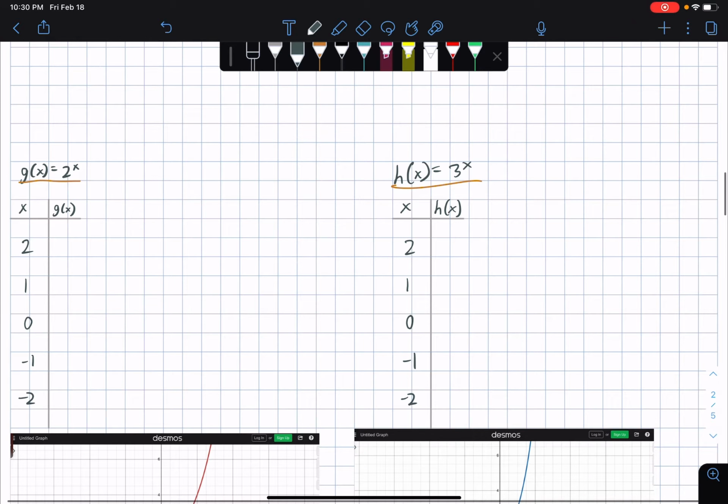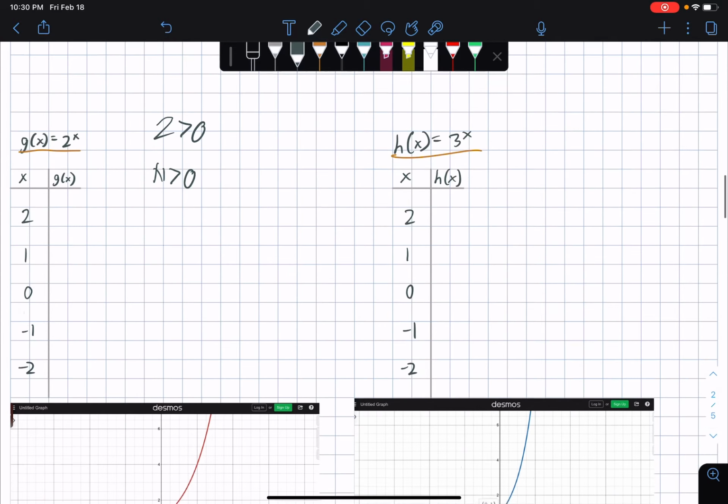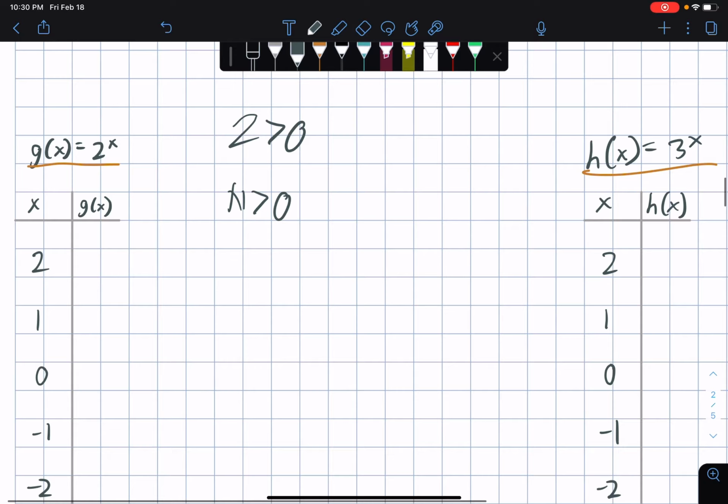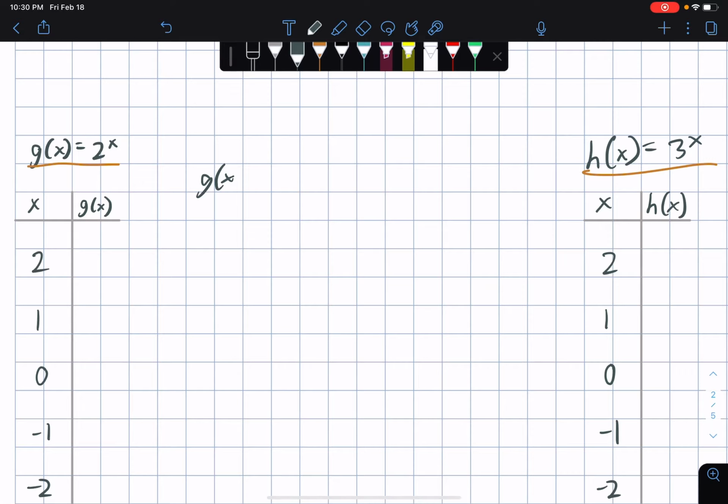So we can see here, for this example, we have 2. 2 is greater than 0. So let's substitute the values. Our typical algebraic manipulation, g of x is equal to 2, such that x is equal to 2 raised to 2. So g of x is equal to 4.